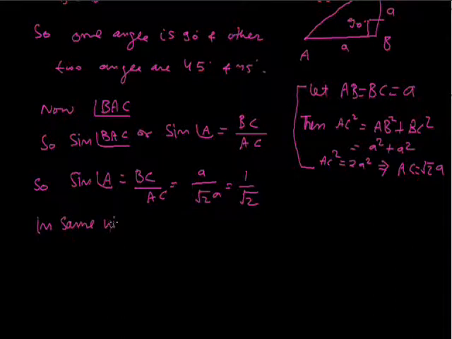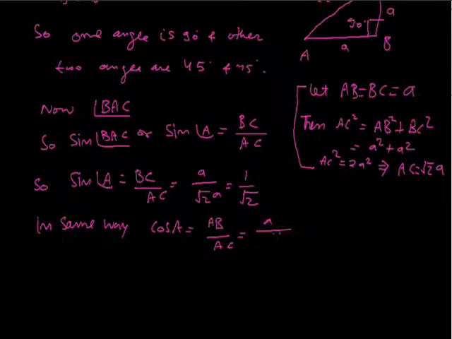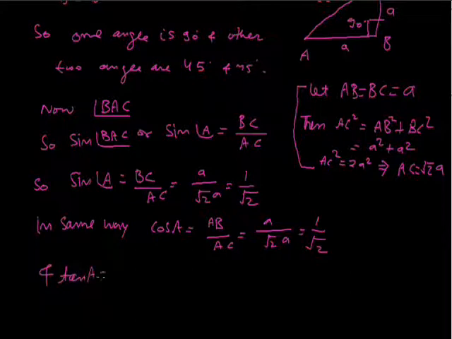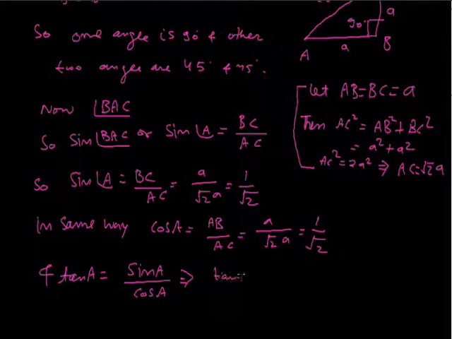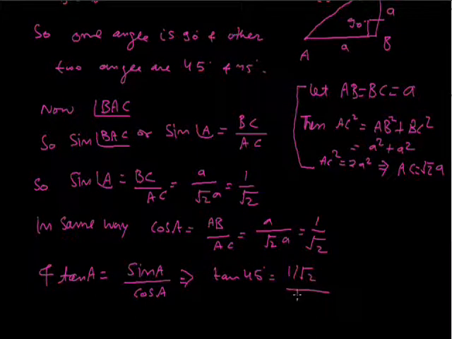In the same way, cos A equal to AB by AC, a upon under root 2 a, equal to 1 upon under root 2. And tan A equal to sin A upon cos A. So tan 45 equal to 1 upon under root 2 upon 1 upon under root 2 equal to 1.